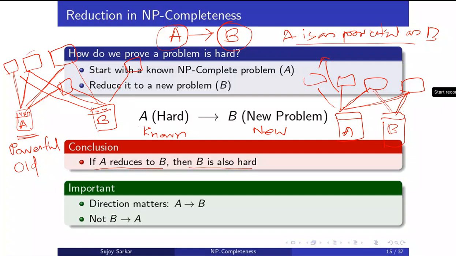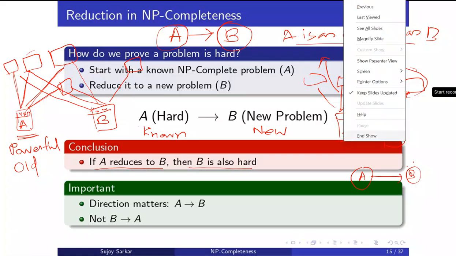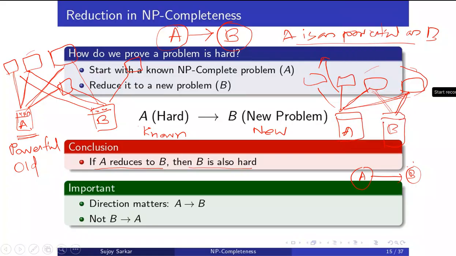So I cannot say in the opposite direction that if A controls what B controls, B is as powerful as A. That is not true. Okay. But if I say whatever A controls, B can also handle, then B is as powerful as A.